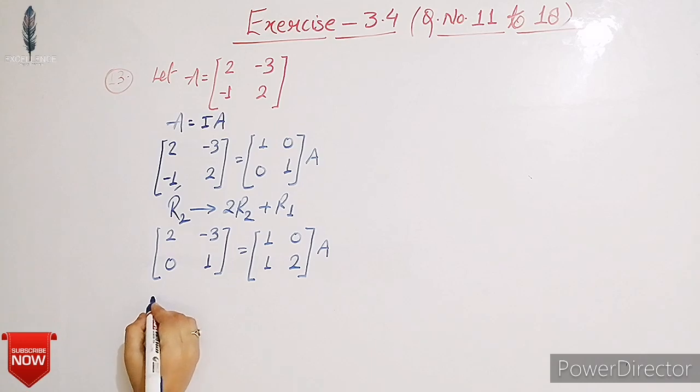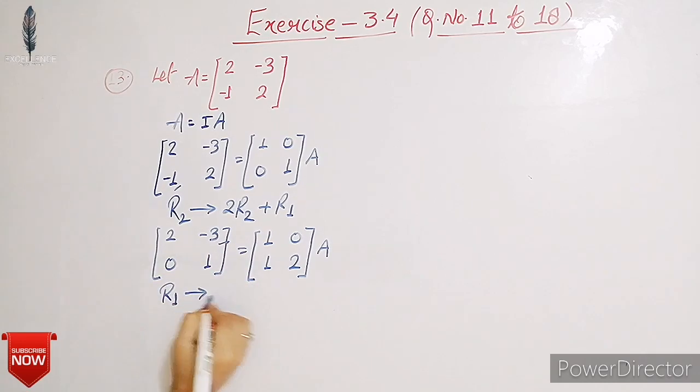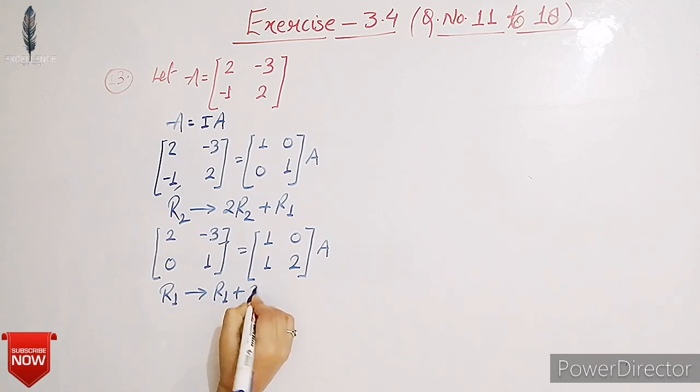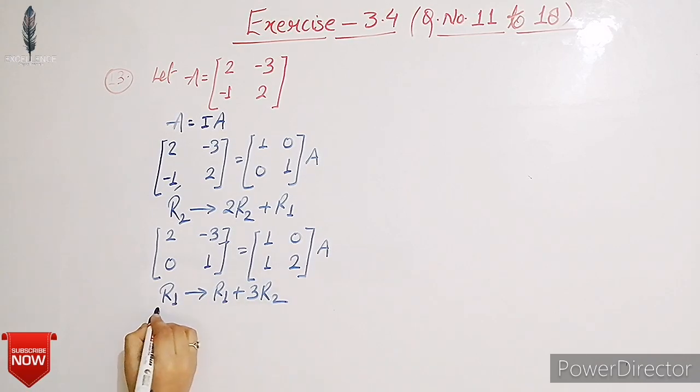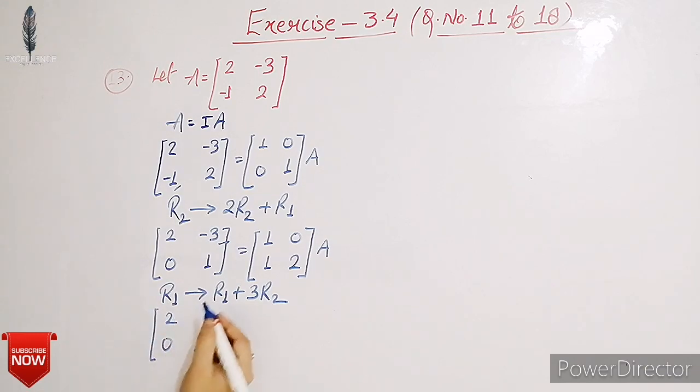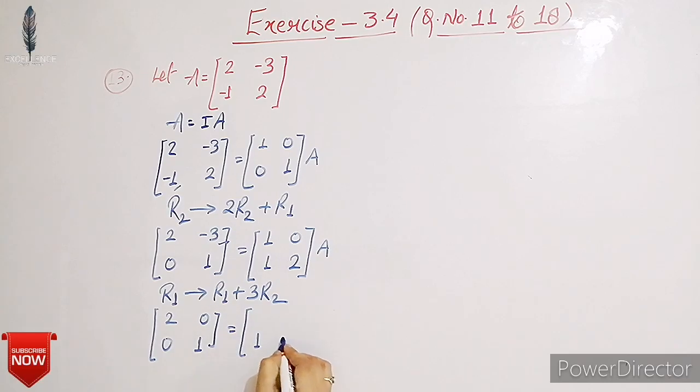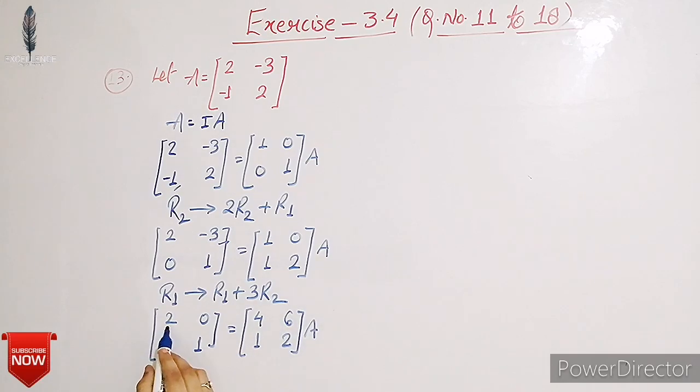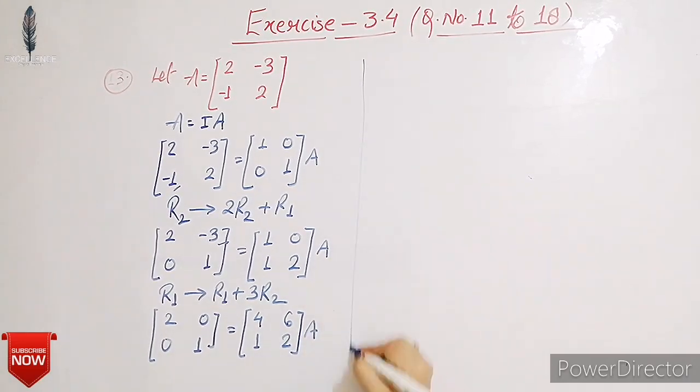Okay. Let's change R1. Now R1 changes to R1 plus 3R2. R2 is the same, 0 1, and we change R1. Then we get 2 0, and R2 is the same, and R1 becomes 4 and 6, times A. Now clearly here we have 2 and 1.